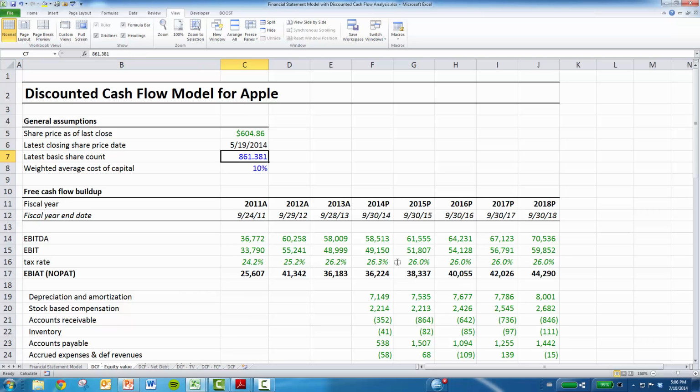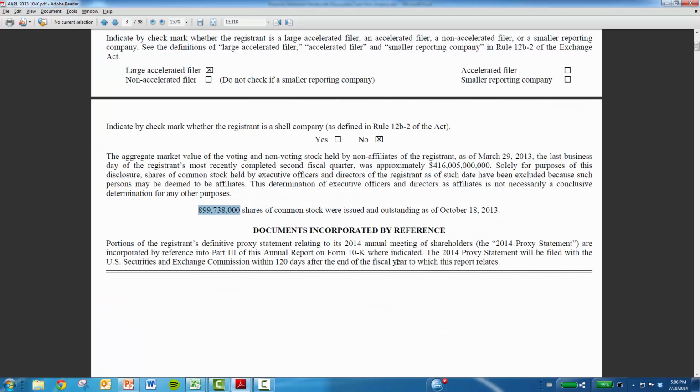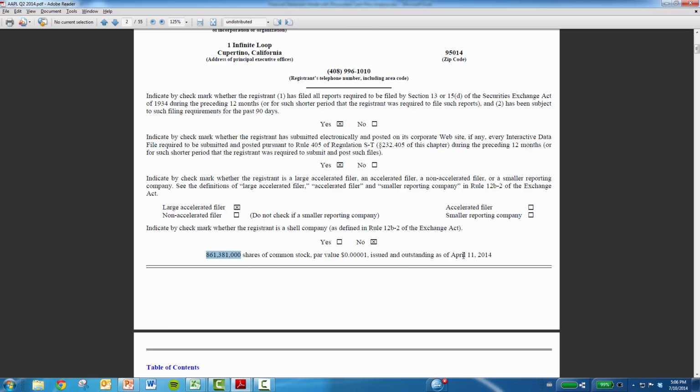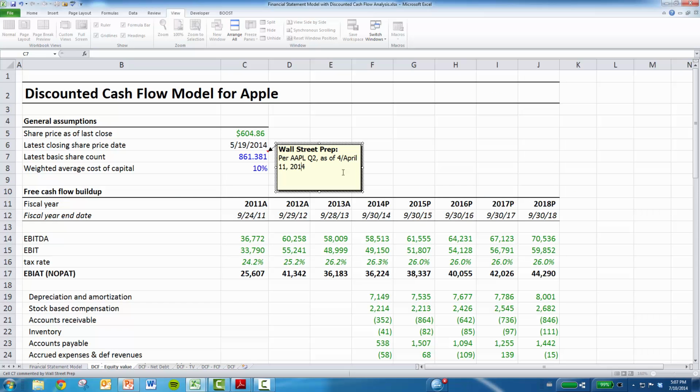And in fact, it's probably a good idea to include that this is per Apple Q2, as of April 11th, 2014. So let's copy and paste that in here. All right, so now we have the latest basic share count as of May 19th, 2014.